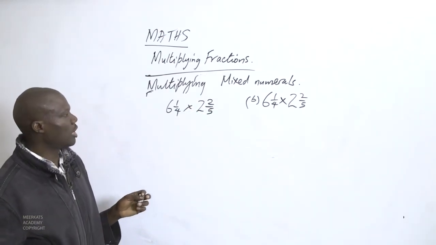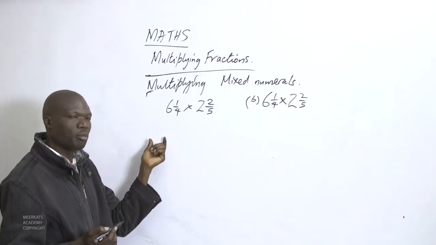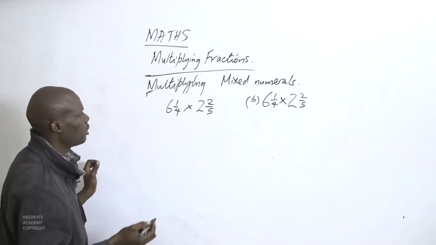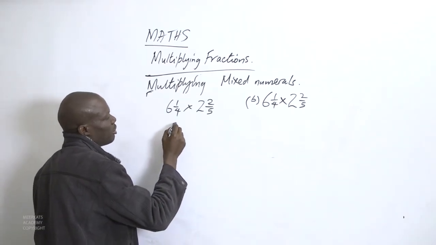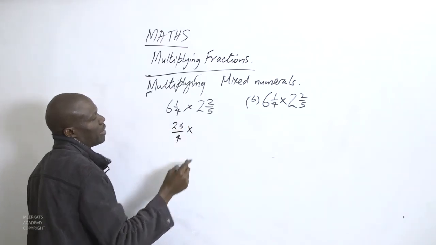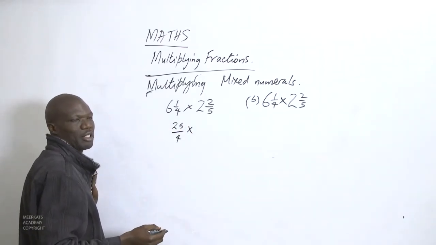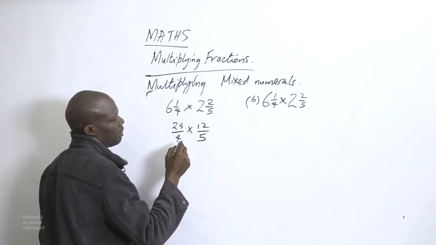Now, as we saw earlier on, the first approach, we convert all the mixed numerals into improper fractions. So 4 times 6 is 24, plus 1 is 25. So we have 25 over 4 multiplied by 2 times 5 is 10, plus 2 is 12 over 5.